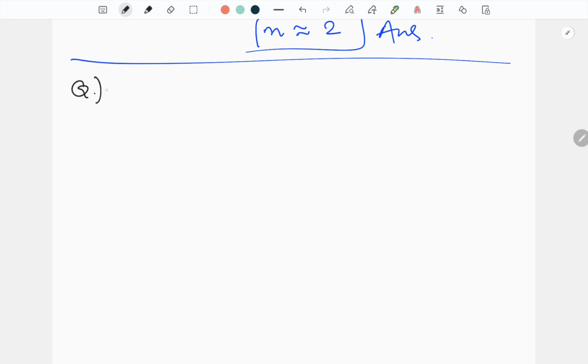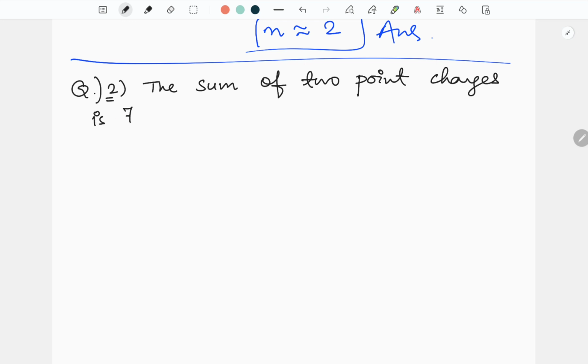Now the second question says that the sum of two point charges is 7 microcoulomb.